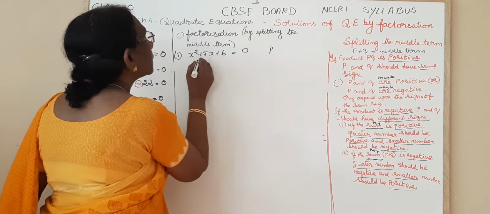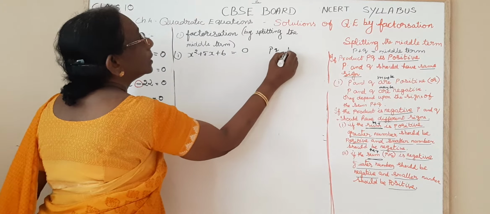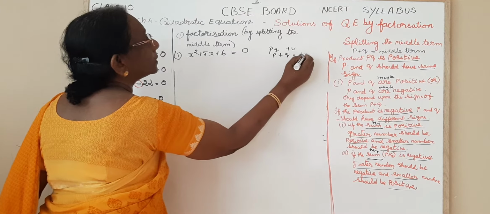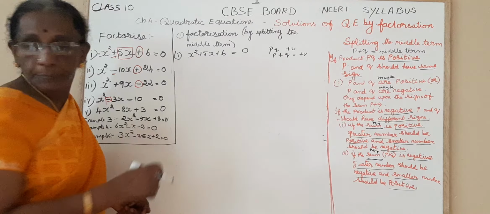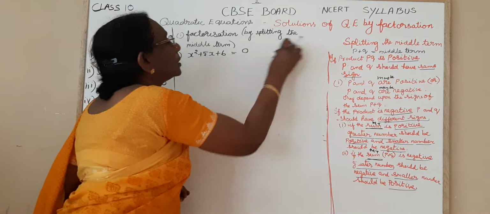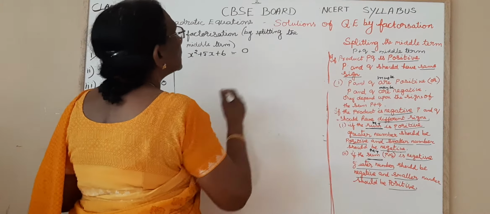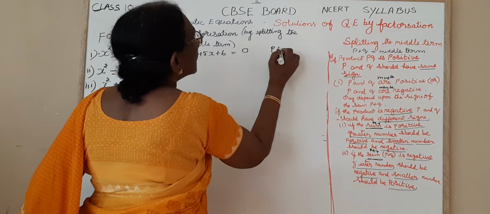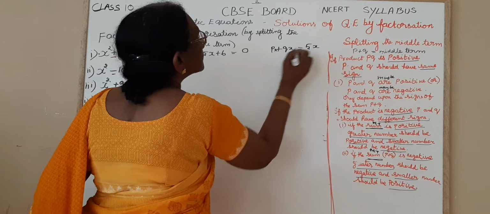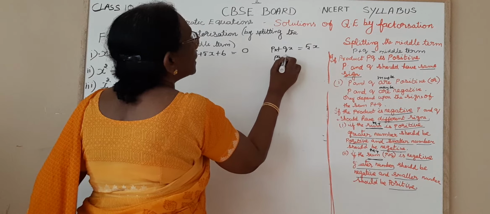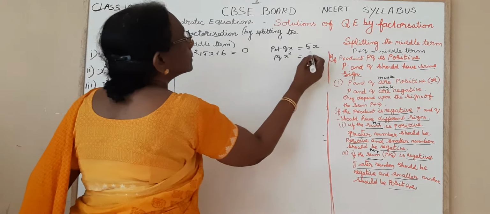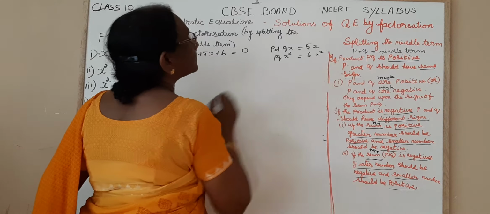Px, now you know PQ is positive, so P and Q will be positive, isn't it? Px plus Qx is equal to 5x. And PQ, the product, is equal to 6 into 1, 6x squared.